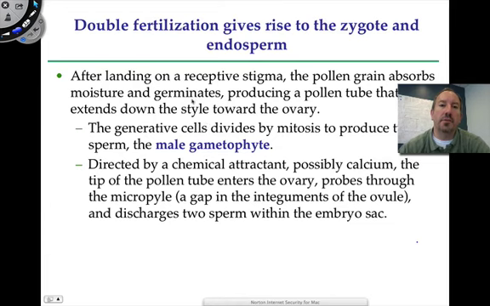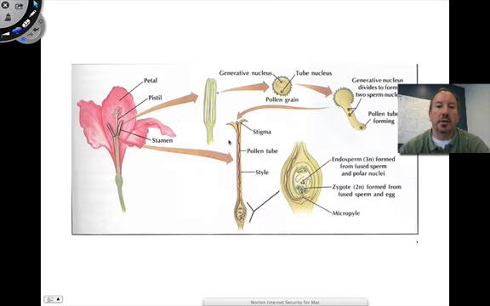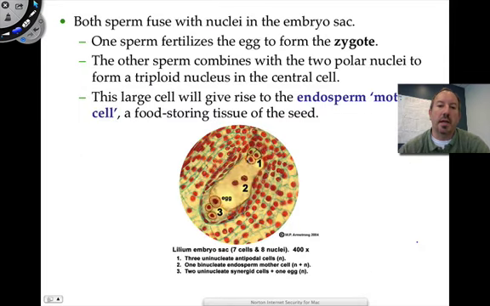And so ultimately, double fertilization gives rise to the zygote, which will become the embryo, and it gives rise to the endosperm, which is this nutrient triploid cell, which supplies energy for the embryo. And so what happens is, ultimately, we've been through this. It's the male gametophyte uniting with the female gametophyte, and here's the endosperm mother cell right in the center, which is providing the nutrients.